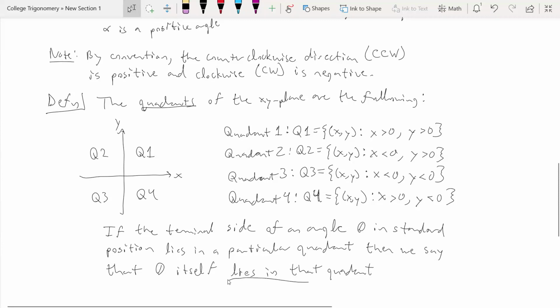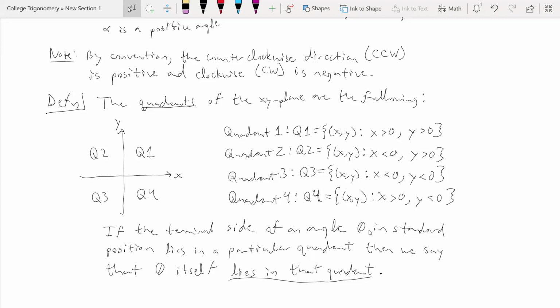It's just harder to say the terminal side of theta lies in a particular quadrant. We're always looking for shortcuts, easier ways to say things. So theta is in quadrant 1, theta is in quadrant 2, theta is in quadrant 3, theta is in quadrant 4. If the terminal side is in that quadrant, then the angle is in that quadrant.